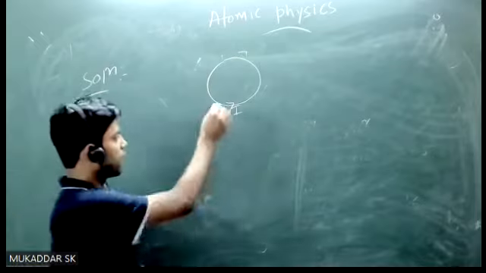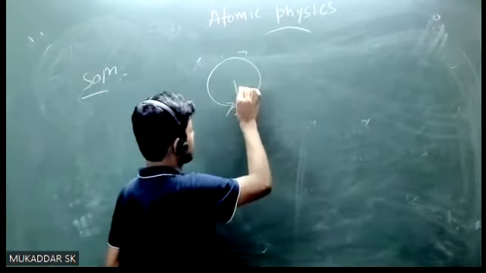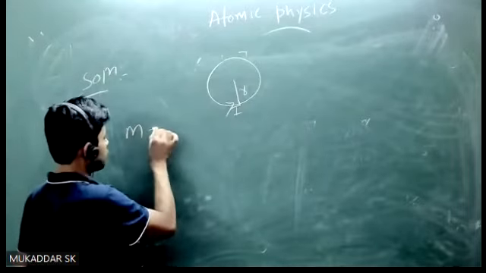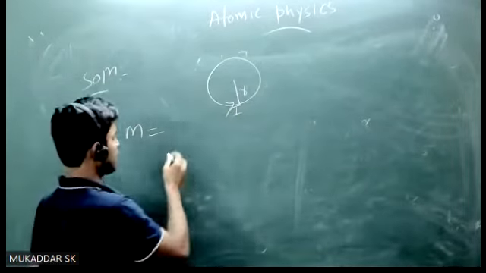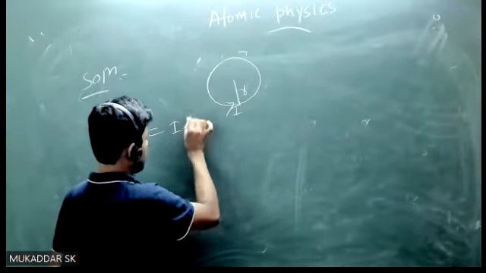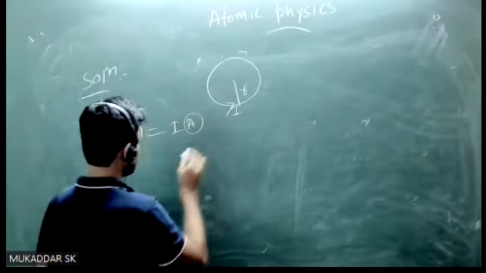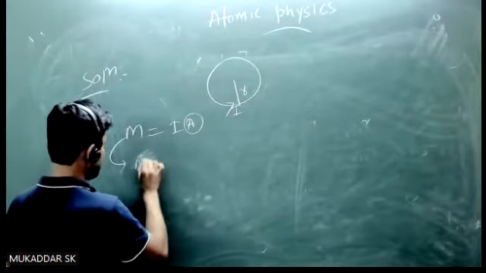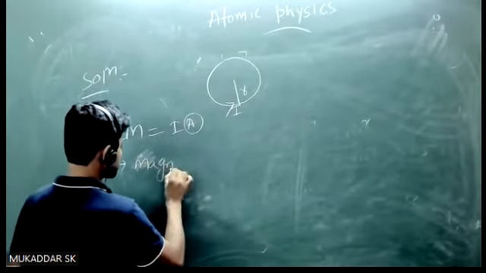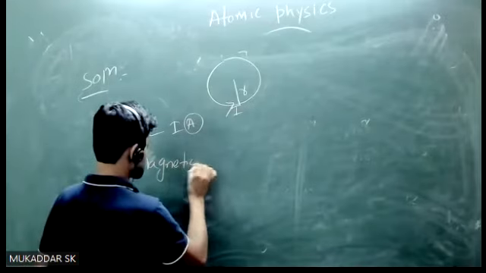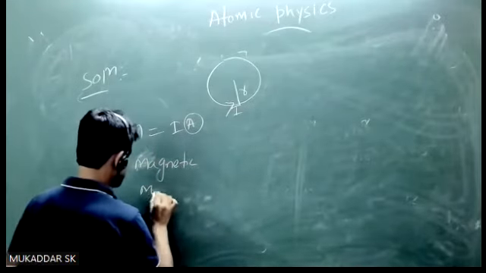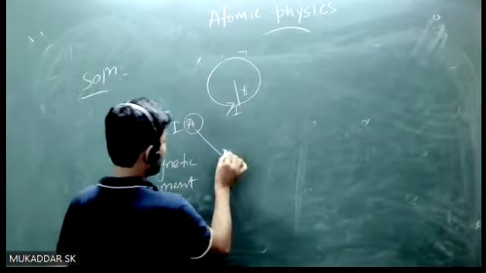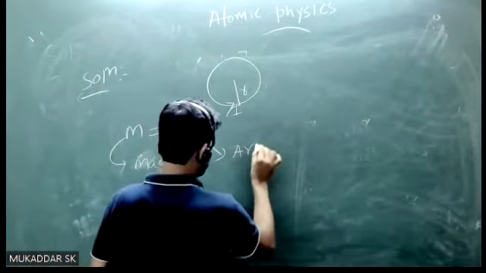Suppose you have a loop with a small radius, then the magnetic moment due to the flow of current I is nothing but I into A, where A is the area of the loop.